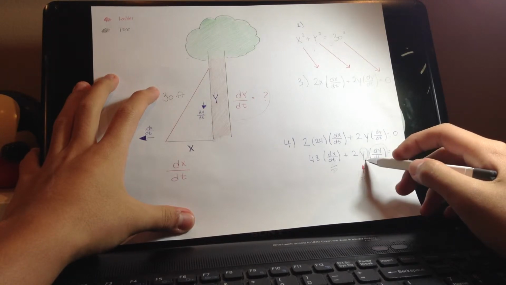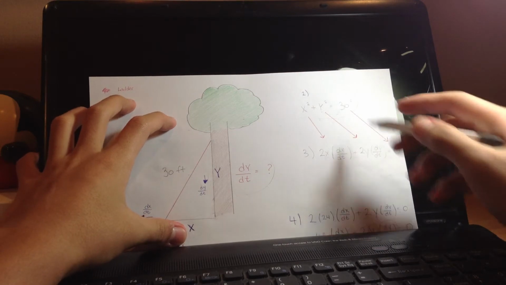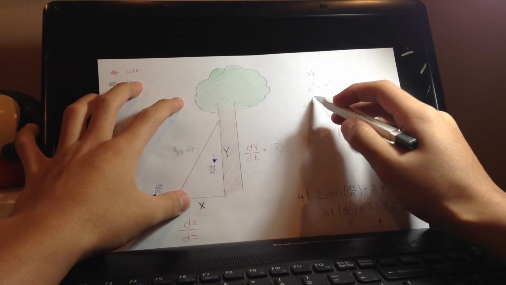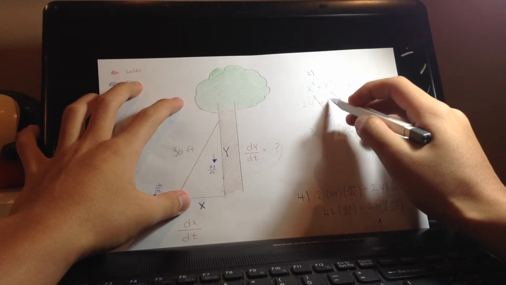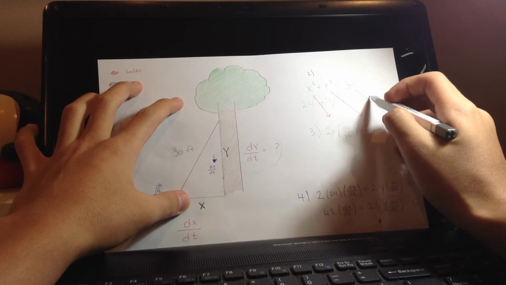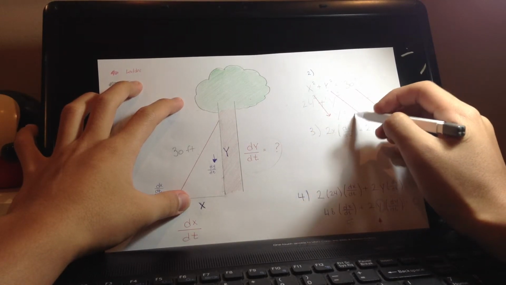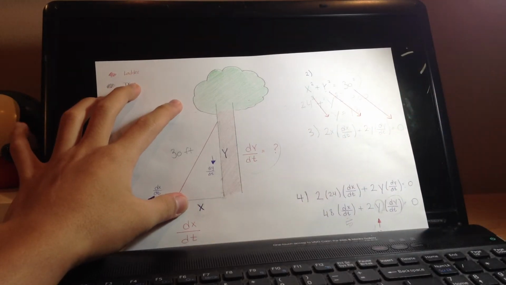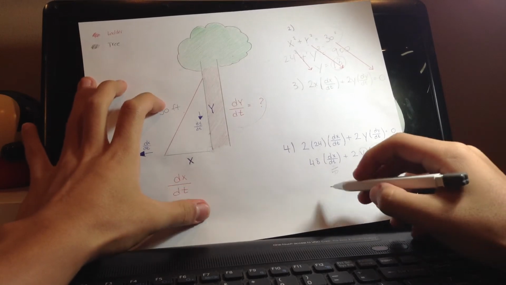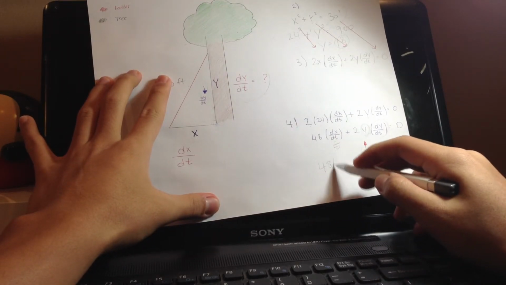We can find the value of y from the Pythagorean theorem: 24 squared plus y squared equals 900. This will give you y equals 18. This 18 can be plugged into y.